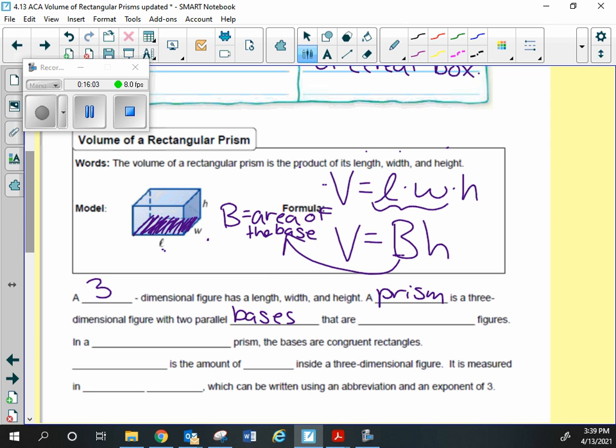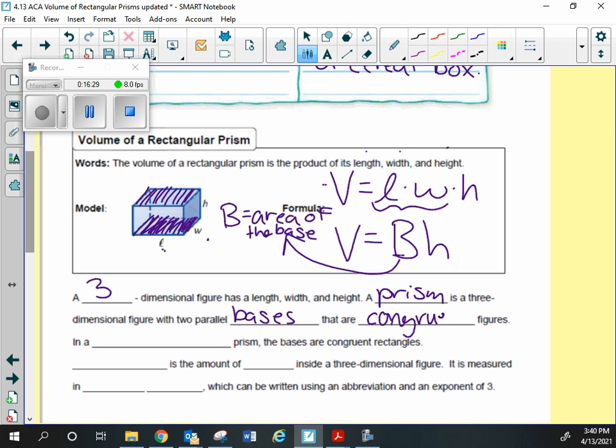Is the top of this the same as the bottom of this? Yes. So it has two bases that are parallel. They wouldn't ever run into each other. That's what it means to be a prism. In a triangular prism, there's a triangle and a triangle. Two parallel bases, and those bases are going to be congruent figures.